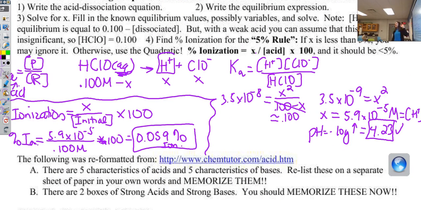So, if it's not a strong acid, if it's a weak acid or a weak base, things are a little bit different. What we need to do is calculate K. Or they might give you K, and then they're going to ask you to figure out what the pH is, or the other way around. They give you the pH, and then they ask, what's the concentration of one of them?